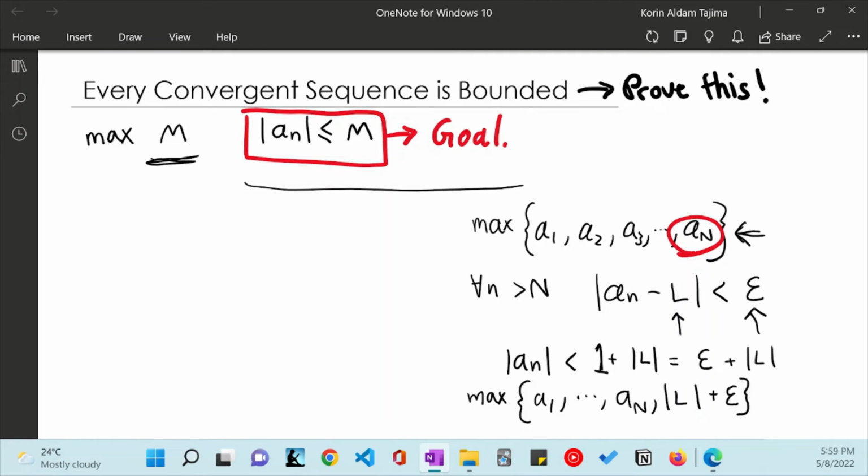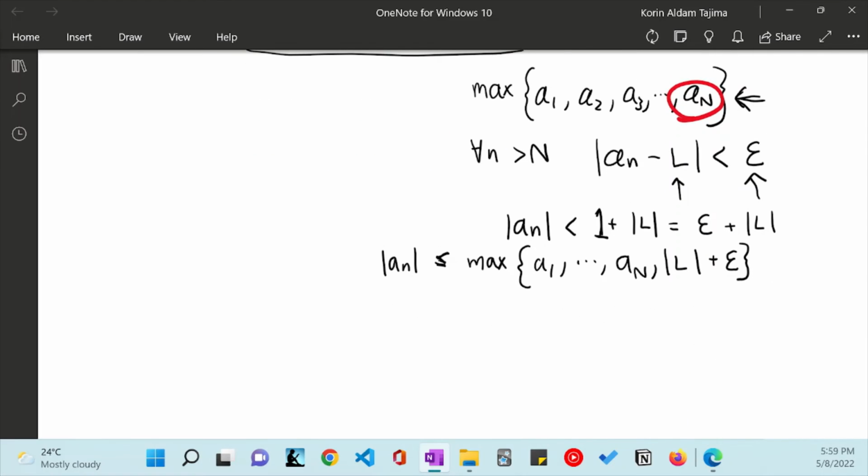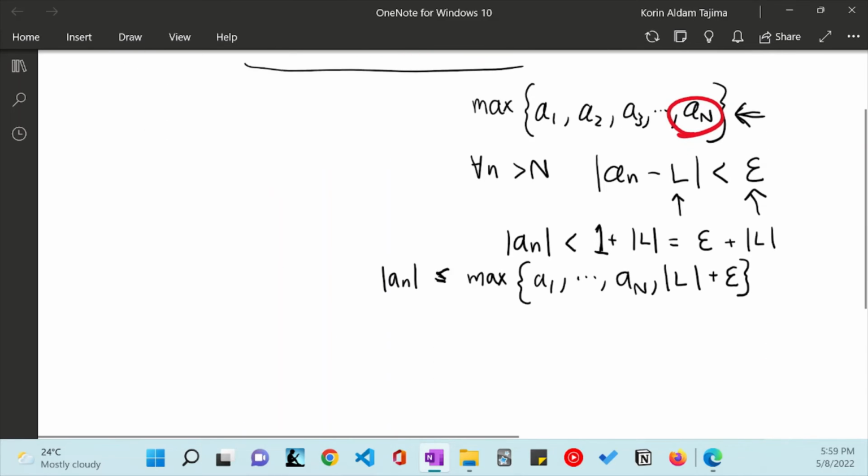And if our a sub lowercase n is less than all of these values, or equal to it, obviously, because it's going to be one of those values. If we can prove that, then you've proven that a convergent sequence is bounded.